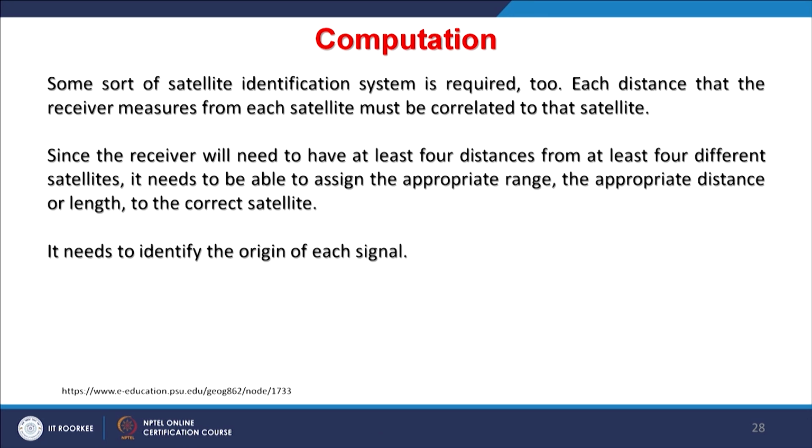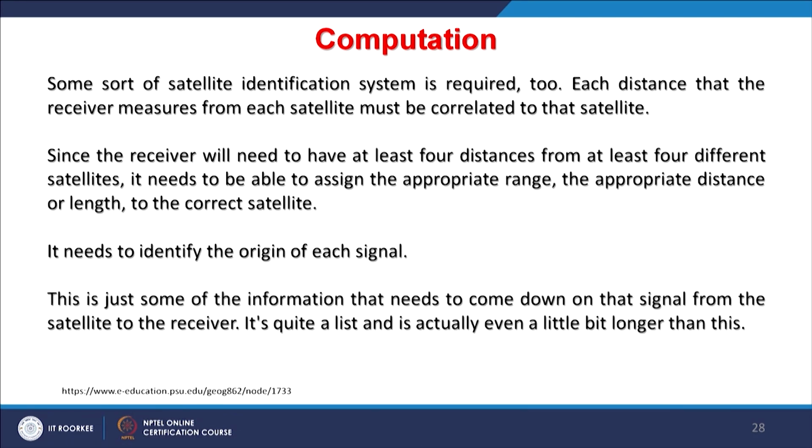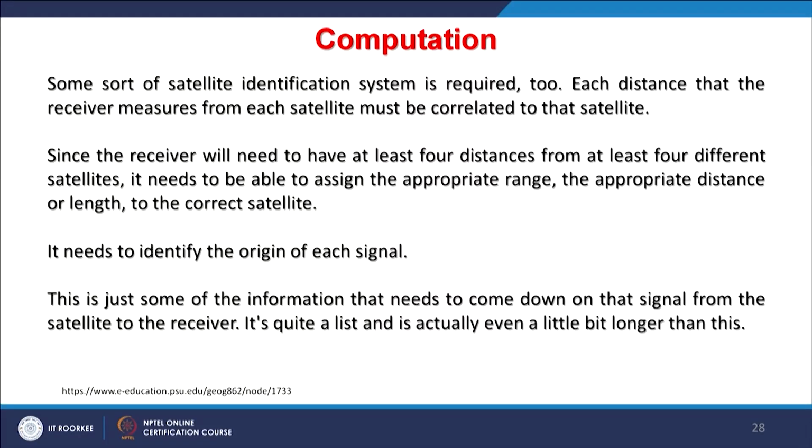So ID is definitely there, in order to identify from which satellite the signal is coming. When the data is transmitted, each satellite also transmits its ID towards the earth. This is some of the information that needs to come down on the signal from the satellite to the receiver, and it is quite a list, as we have already seen how big a data set comes, and the calculation may take some time.